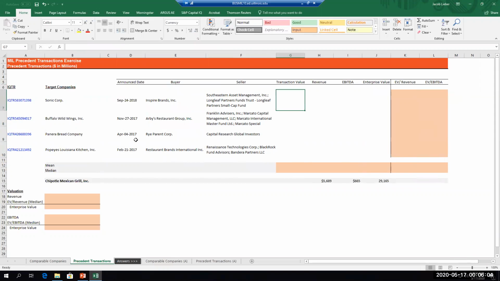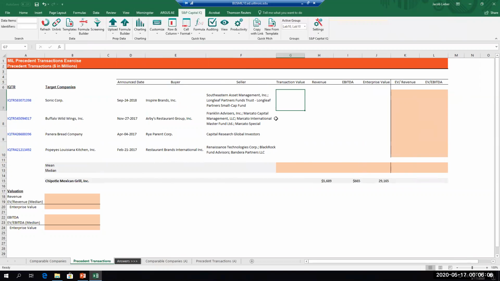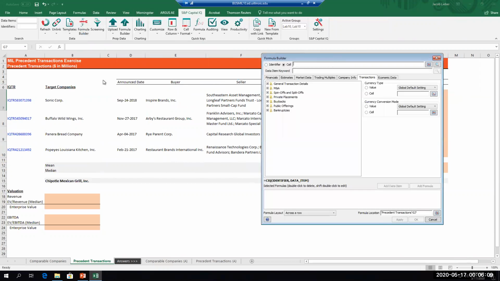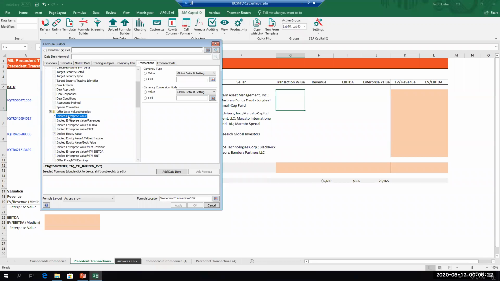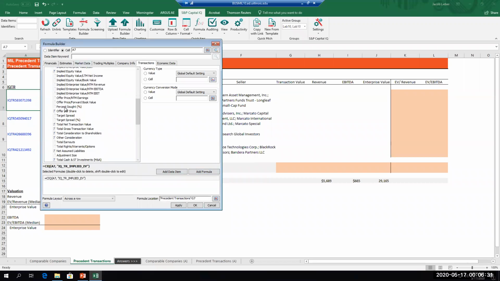Alrighty, now we're going to drag in the transaction value using the formula builder. We're going to go to M&A and then offer date / values, and M&A features is where we'll be taking this out of. First thing we're going to grab is implied enterprise value for the identifier cell A7, add formula, and we're going to go ahead and scroll down to the current target LTM financials.